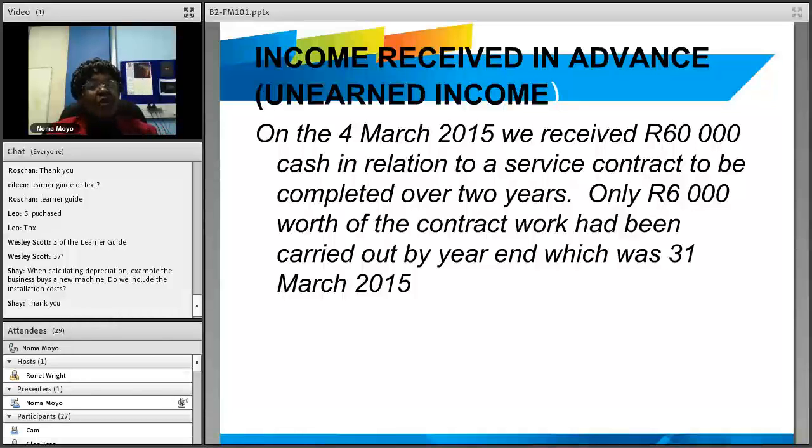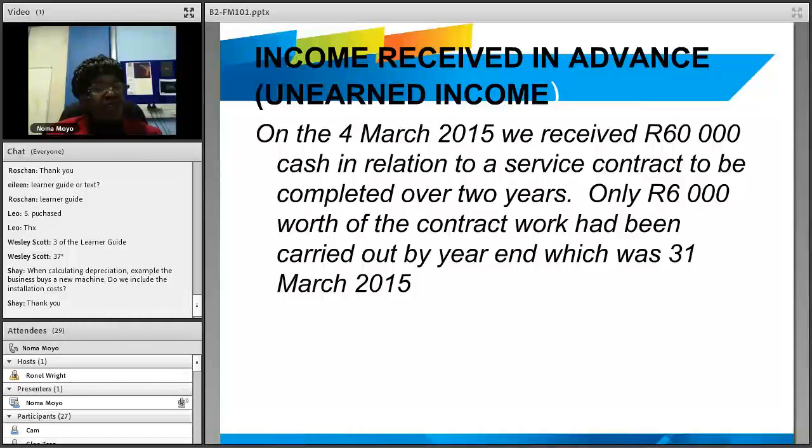Now let's say we have income received in advance. On 4 March 2015, we received 60,000 cash in relation to a service contract to be completed over 2 years. Only 6,000 worth of the contract work has been carried out by the year end, which was 31 March 2015.